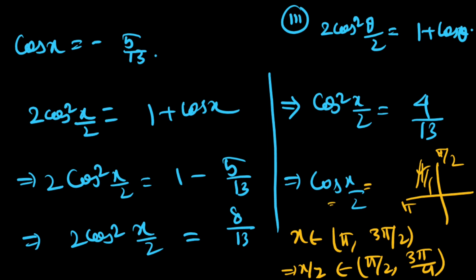Cos squared x/2 is equal to 4 by 13, so cos x/2 is equal to minus 2 by root 13.